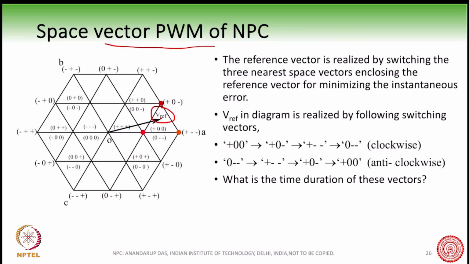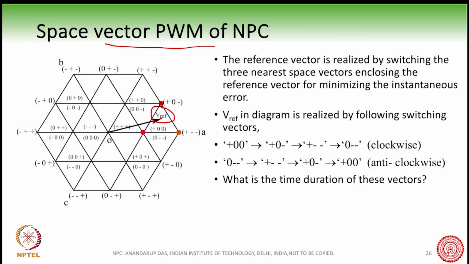Okay, suppose this VREF is here, now the question is, we are mapping that VREF into the space vector diagram. So if the VREF is in this place, how do we switch the different switching states? Because there are so many switching states. Okay, whom to choose and how to switch, for what duration this switching state has to be switched. All these questions have to be properly answered.